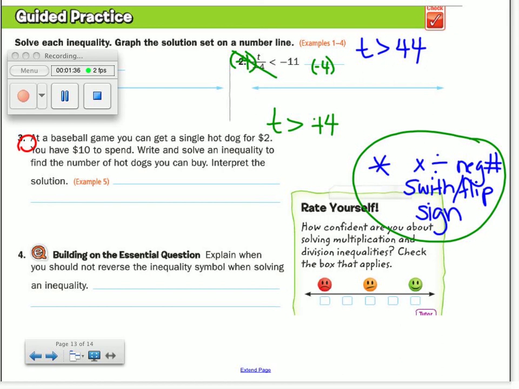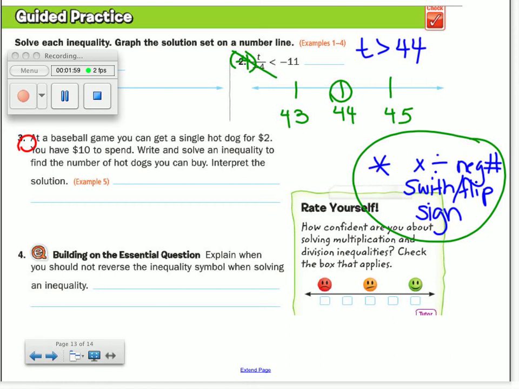Now we're going to go ahead and graph this. So I'm just going to erase this. We're going to put 44 here, 45, and then 43. We're going to circle our 44. Do we fill this in? What do you think? No, because it doesn't have that greater than or equal to, it's just greater than.